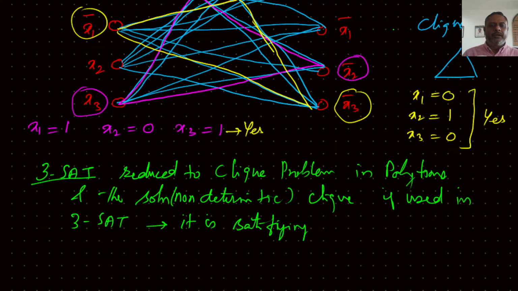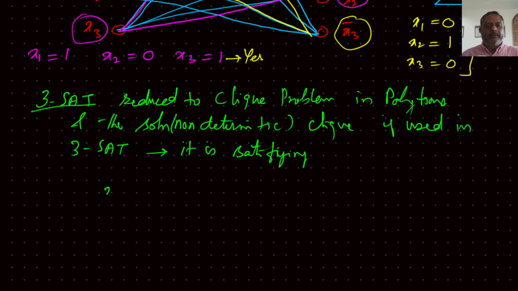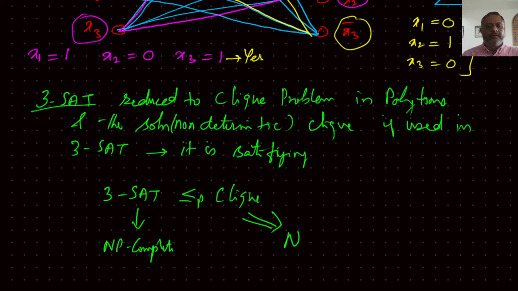We hence claim that the 3-SAT problem is reduced to a clique problem, and we know that 3-SAT is an NP-complete problem, and hence we prove that clique is also an NP-complete problem.